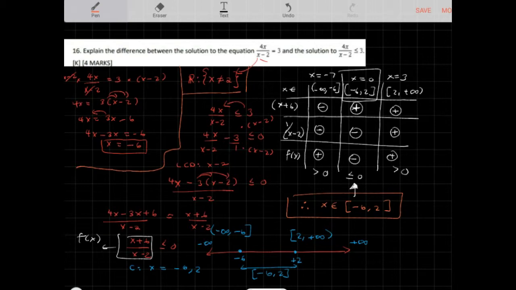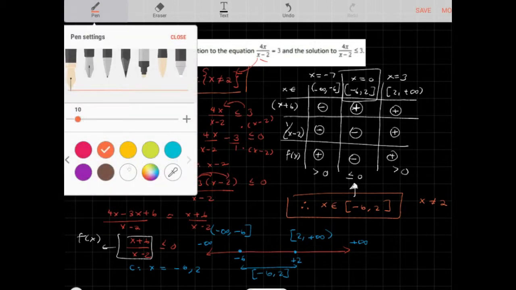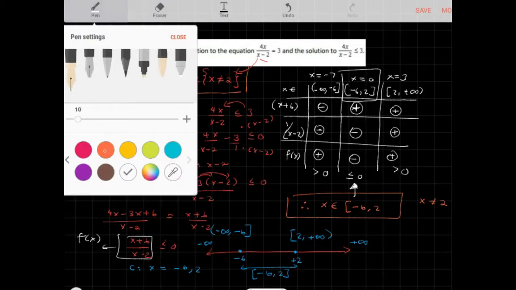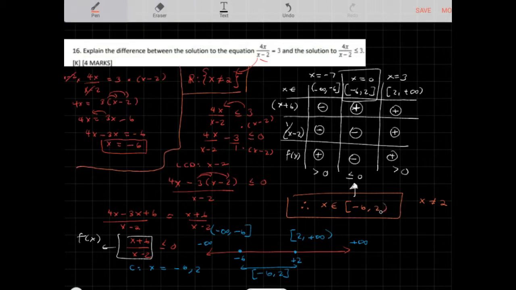Now, there's something that we need to also mention here. You notice here that x cannot equal 2 because there is a restriction. So what we need to do here is correct for this. I'm just going to take the square bracket off and make this a round bracket, and the reason is because vertical asymptotes don't exist. So we should actually make this 2.